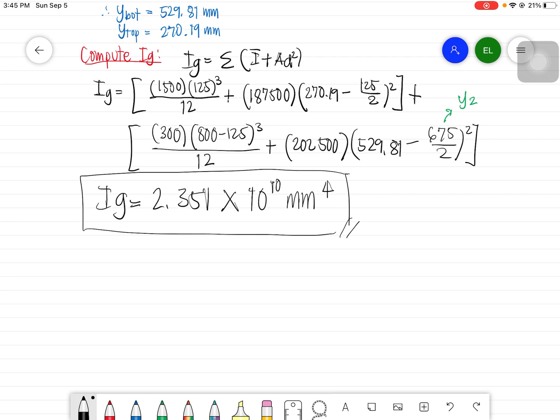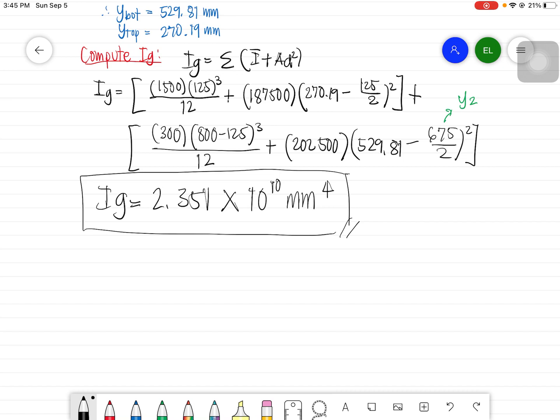So we're done with Ig. So I think we're ready with the computation of our stress in the concrete at the top and bottom extreme fiber, with a given moment, which is 108.5.